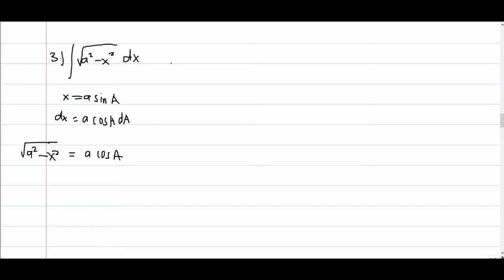So now we can substitute. The equivalent of the square root of a squared minus x squared is a cosine θ. Then we have dx, also a cosine θ dθ.